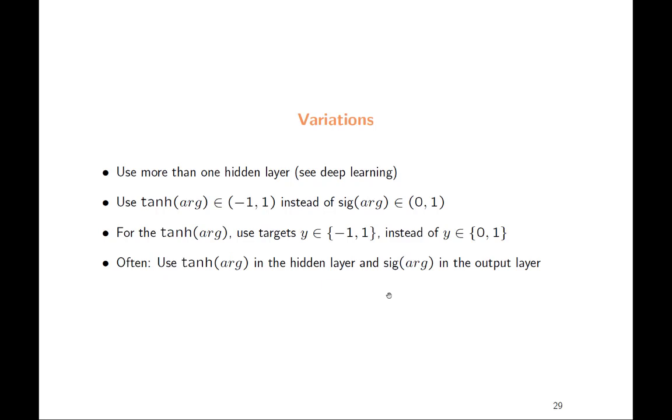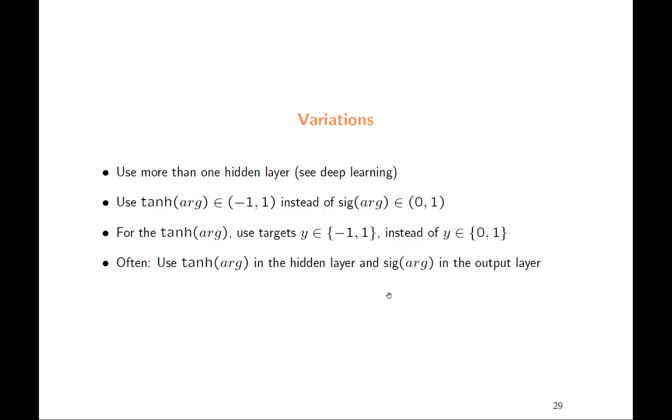Then you don't have to use a sigmoidal transfer function. You can also use, for example, the tangent hyperbolicus or tanh, which goes as a smooth function between -1 and 1, where the sigmoid is between 0 and 1. If you use a tanh, then sometimes you also switch your target to -1 and 1 instead of 0 and 1.